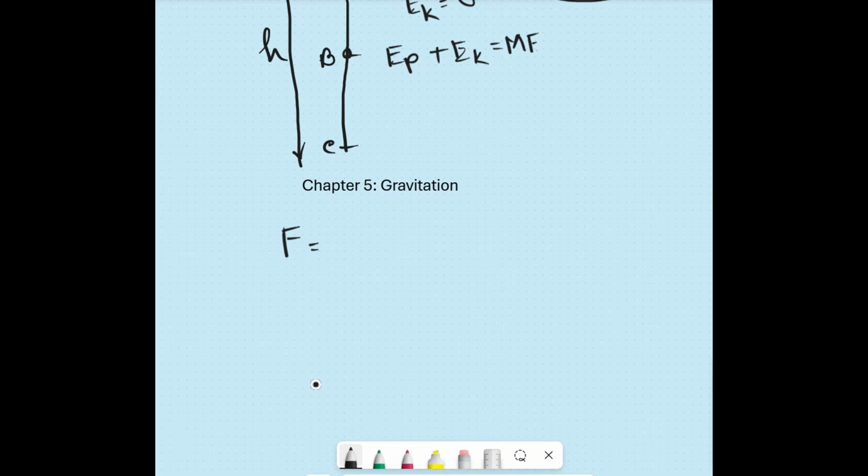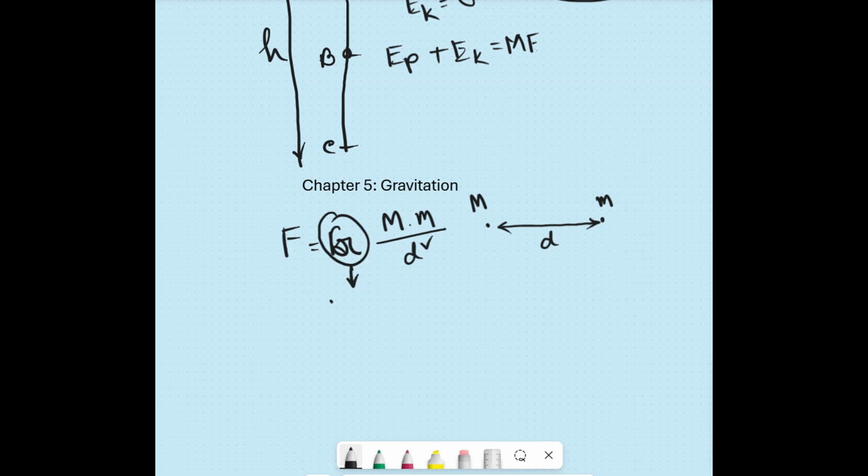Gravitational force F equals G times m1 m2 over d squared. Here there are two objects, one with mass M and the other with small m, or you can write m1 and m2, same thing. The distance between these two objects or particles is d, and G is the constant.